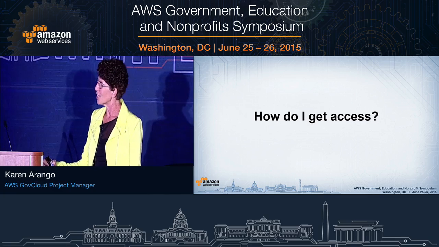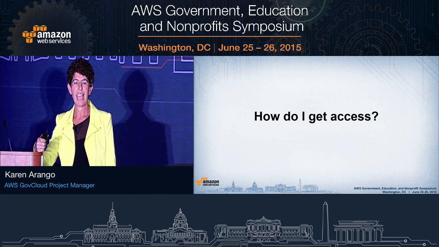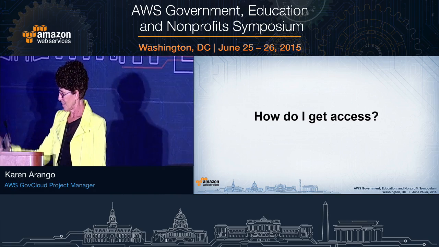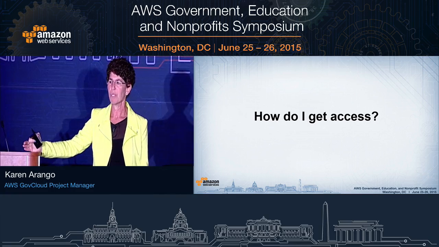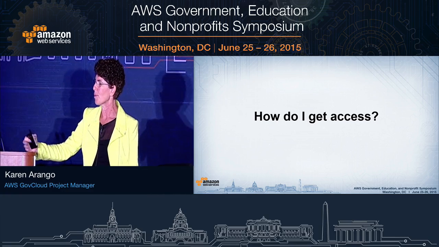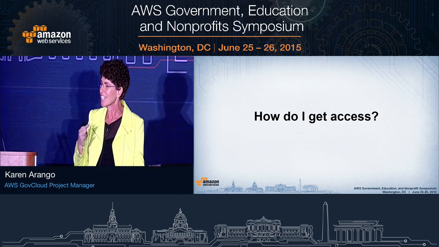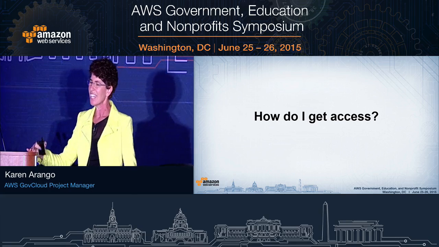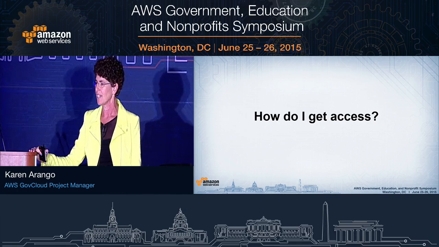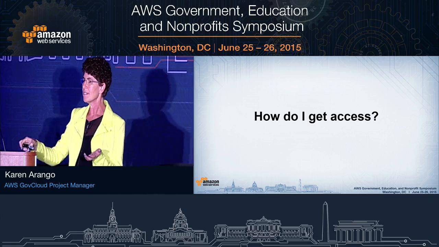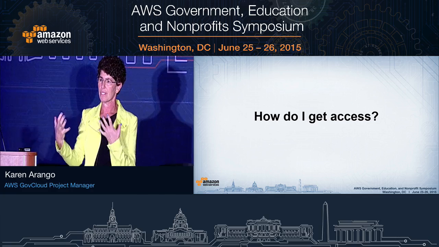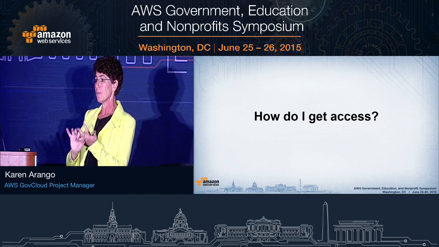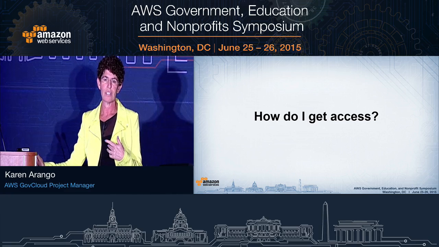All right, so how do I get access, right? Well, the next session we're going to be doing is what are the requirements, how to get started. That's kind of like the next question, teeing up for the next session. A couple things. One is we've got 4 sessions on GovCloud. This is the overview. Then immediately following this is how to get started.